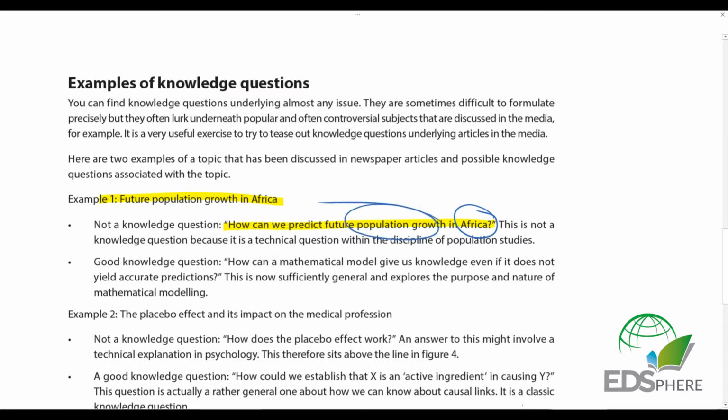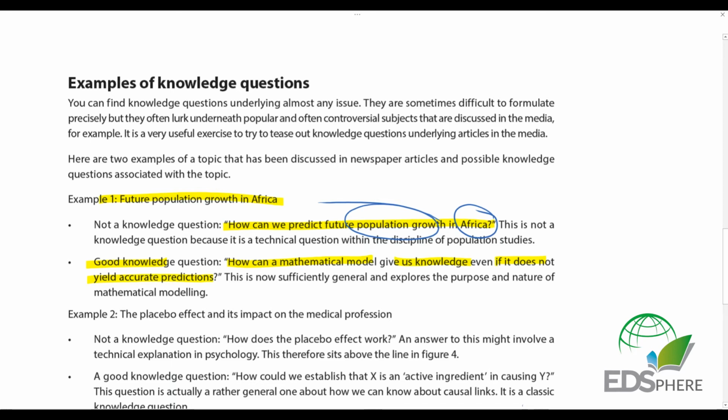Is population growth some sort of mathematical model? Is it some sort of prediction? Okay, so that is how the IB actually tells you how to generate a good knowledge question. Here is: how can a mathematical model give us knowledge even if it does not yield accurate prediction?